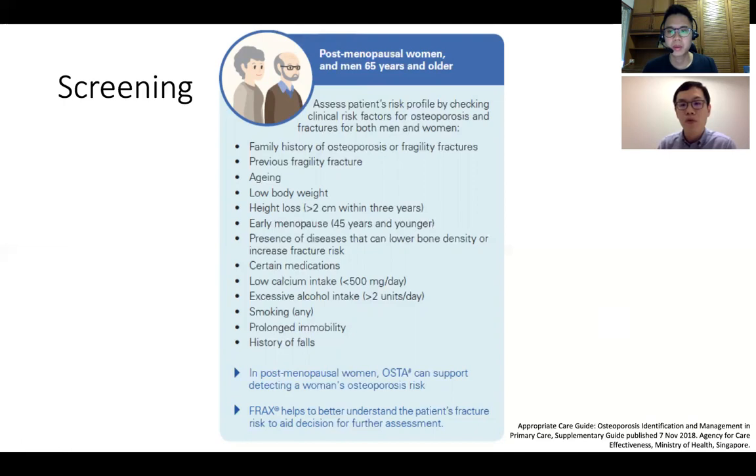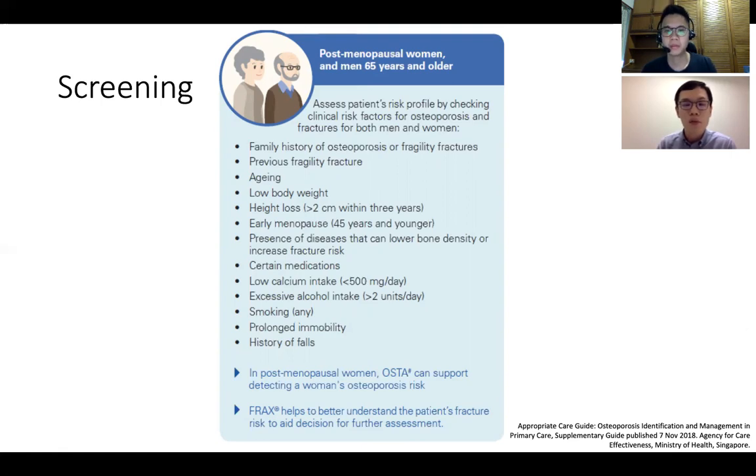We also want a good test that is readily available, cheap, and accurate, and that is available in osteoporosis testing. In the early phase, patients don't develop symptoms until they have a fracture. So by picking up patients at higher risk and putting them through a DEXA bone scan, we can pick up the patients who already have significant osteoporosis.